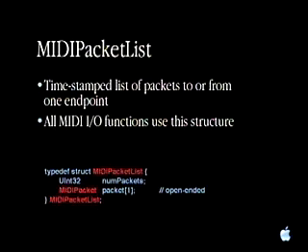And you'll use this both in receiving MIDI and sending MIDI. It's a variable length structure, which in turn contains multiple variable length structures. So the first argument is simply the number of packets, and then it's followed by MIDI packet structures, which are variable length. And there can be any number of those.